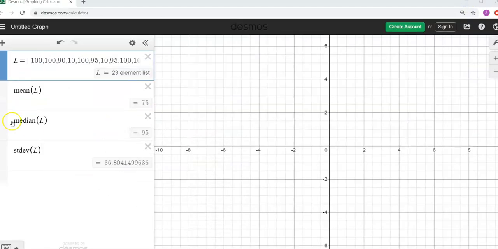Sorry guys, it's weird. Our 23 elements, which we do have in our data, so that works. And then we want to find our mean, median, and standard deviation. What's lucky about this is it's already here, okay?